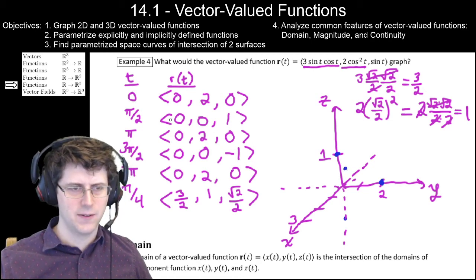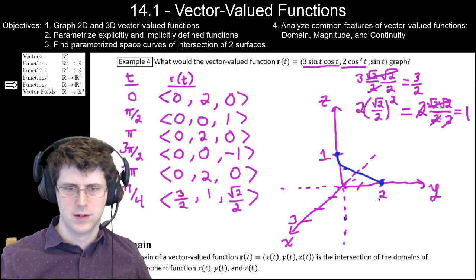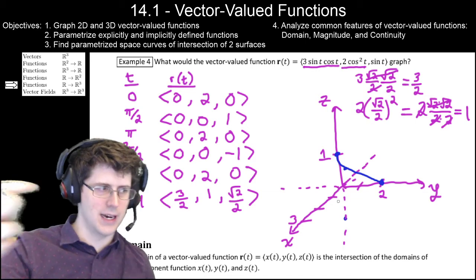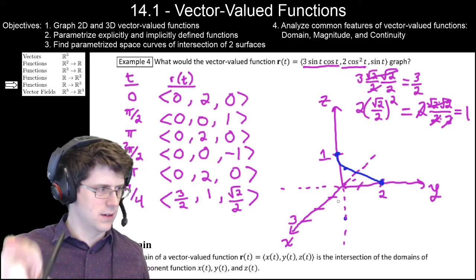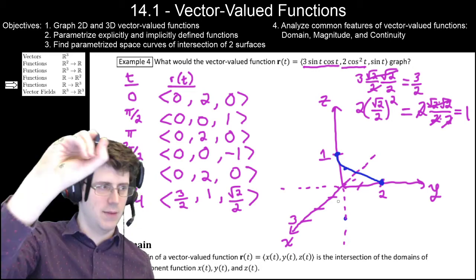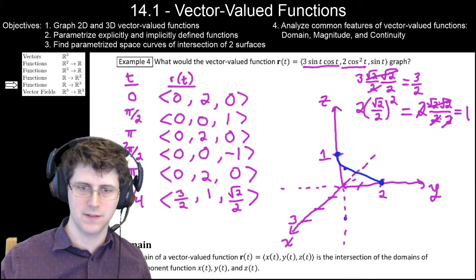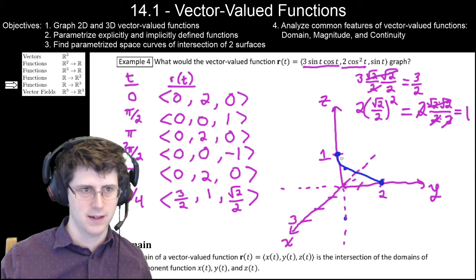And then I'm headed for, at time pi over 2, I'm headed for 0, 0, 1. So I kind of come out of the picture. Oh, it's this way. Interesting. Come out of the picture and head back up and then head back onto the paper for this. Then I need to make it back to 0, 2, 0.